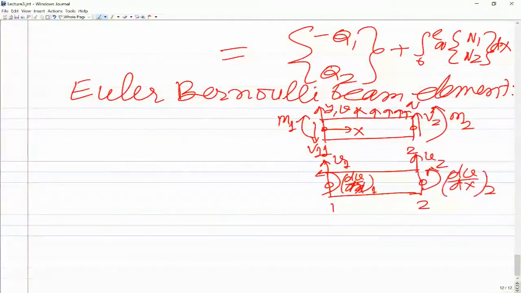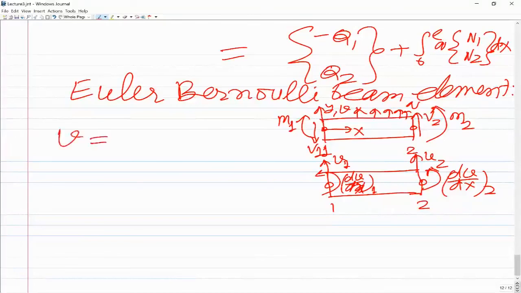So these should be there as degrees of freedom, because now we have to satisfy the inter-element compatibility, and to satisfy the inter-element compatibility we have to have primary variables as degrees of freedom at the nodes of the elements. If we are just considering a two-noded Euler-Bernoulli beam element, we have four elemental degrees of freedom. So from the compatibility point of view, because you have four degrees of freedom, the approximate solution should have four terms.